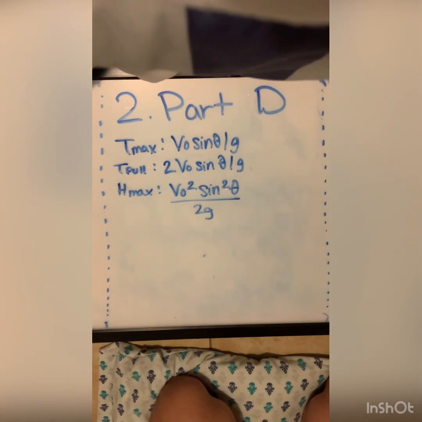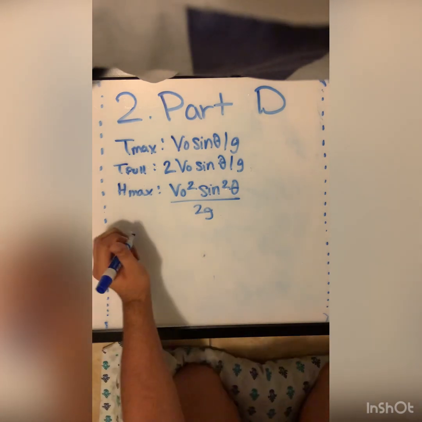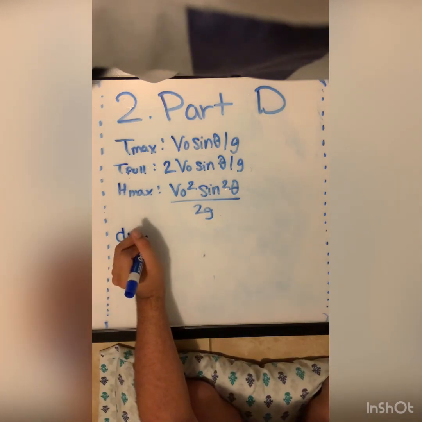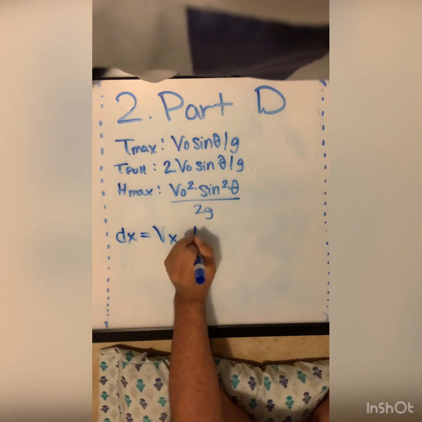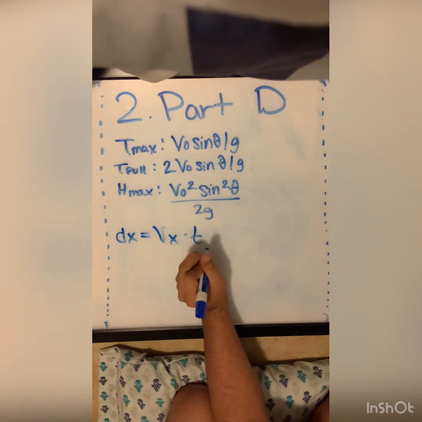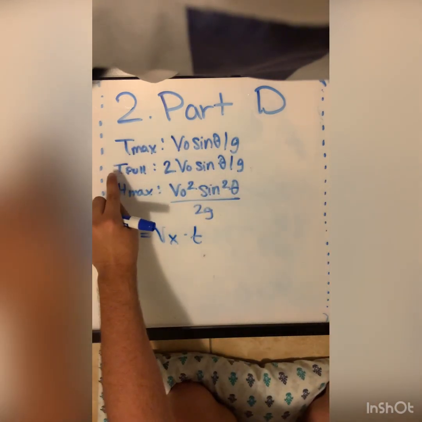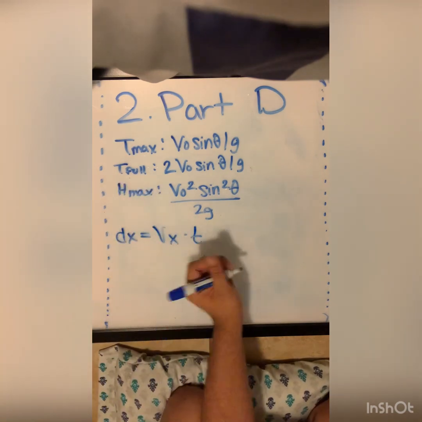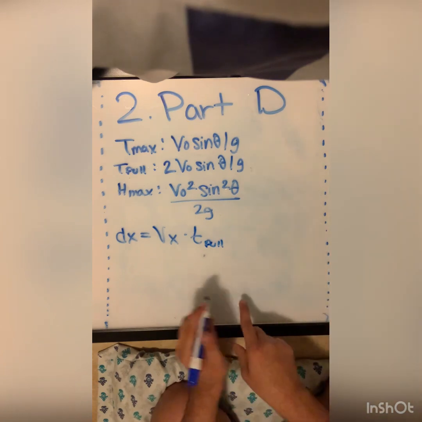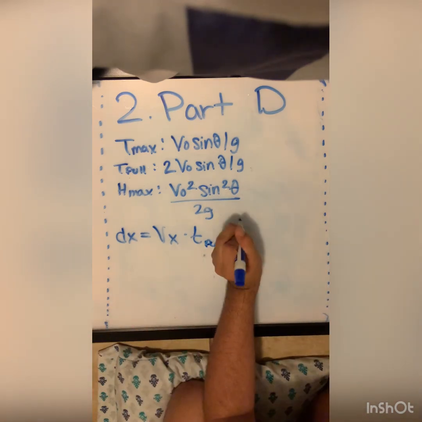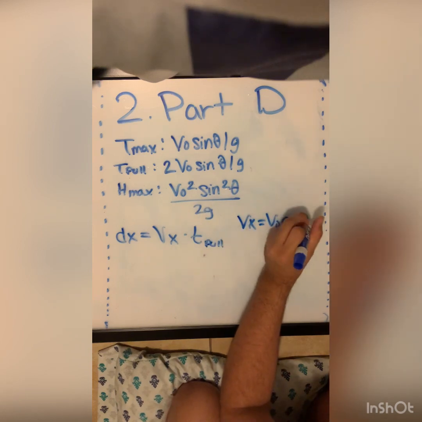For part D, they're asking us to find the total distance in the x direction, and the formula for that would be velocity of x times t, but not the first t, which is half. We need the full t. So we're going to plug in what we know, and with vx, that equals velocity times cosine.